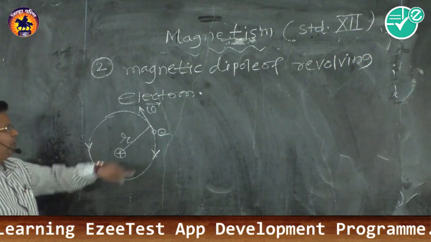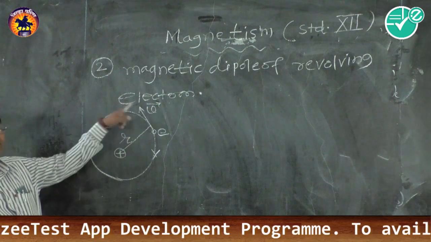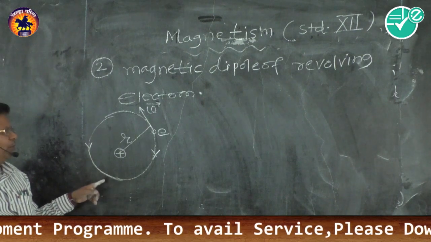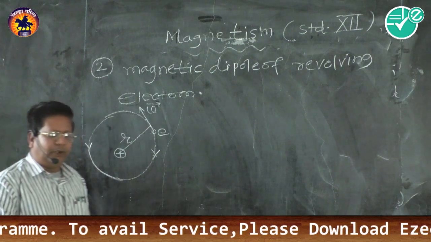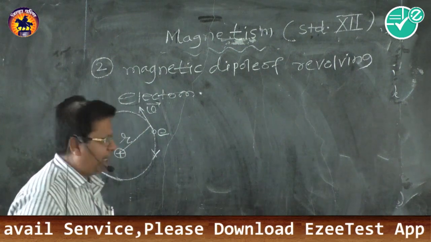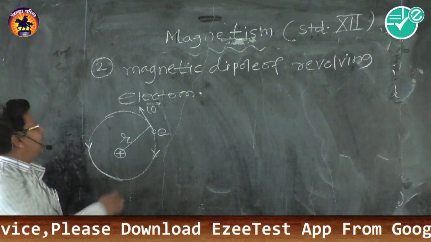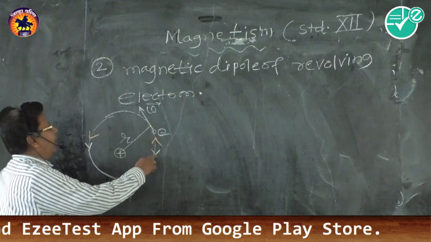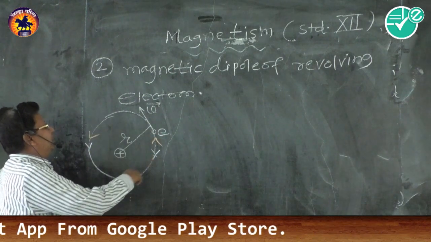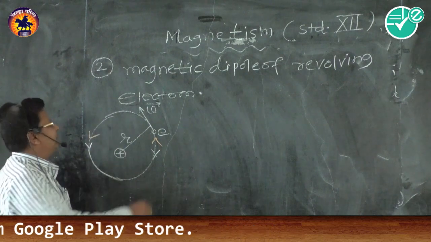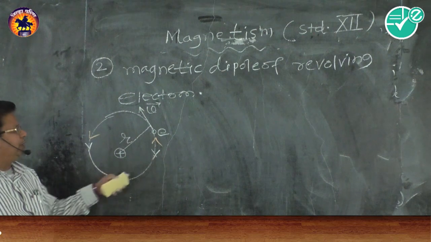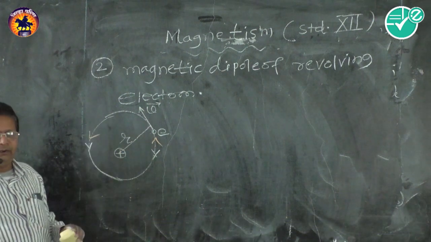As the electron is revolving in a circular orbit, it is equivalent to a current loop. Therefore, current will flow in the coil, and its direction is clockwise. As the electron moves in anti-clockwise direction, current moves in clockwise direction.